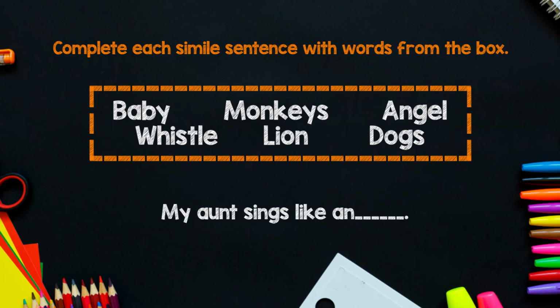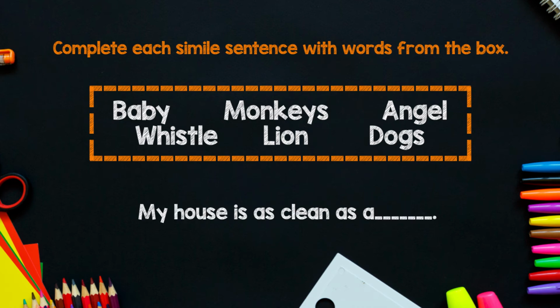Next, my aunt sings like an. Definitely. Your sentence should read, my aunt sings like an angel. Here we are comparing the aunt to an angel.